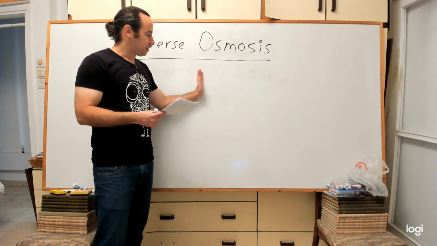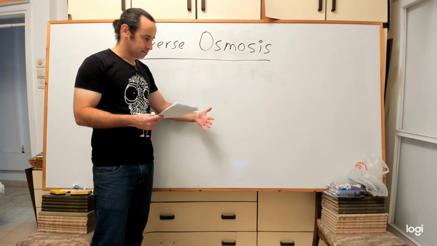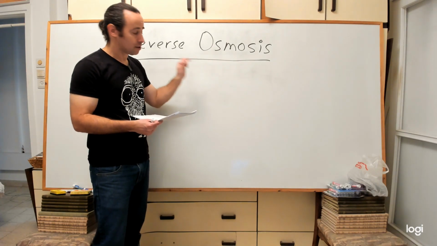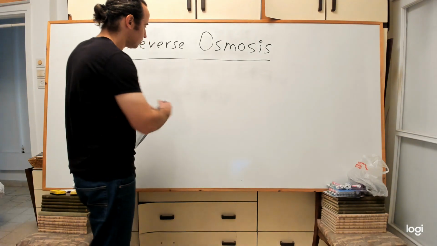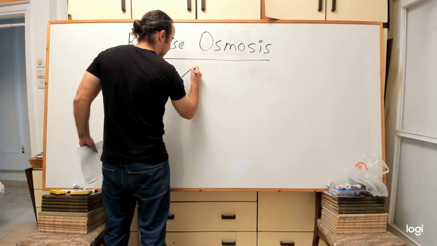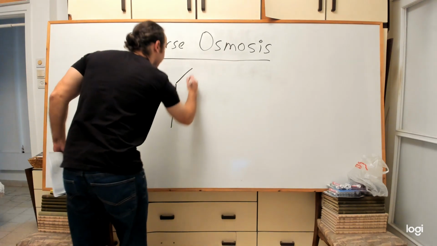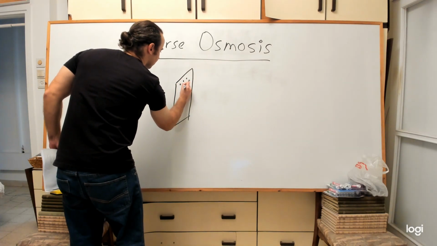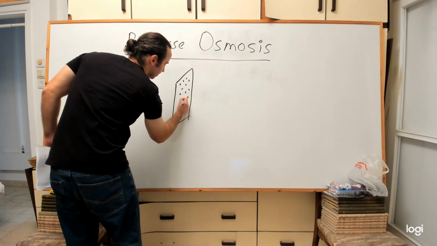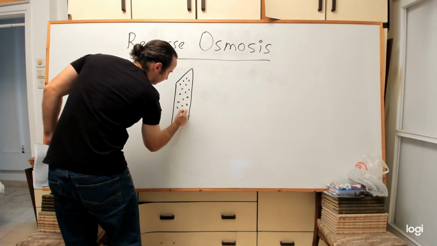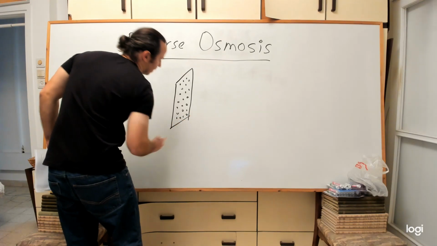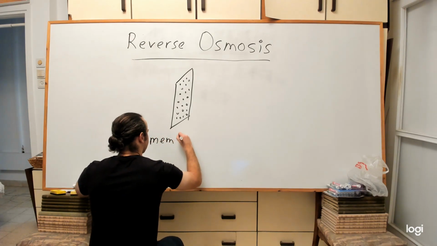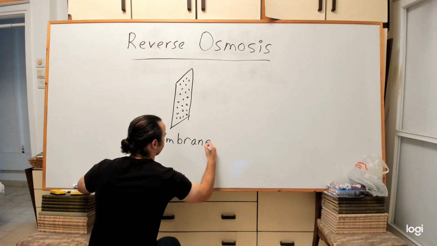A membrane is a thin surface, like a plastic bag, that has a lot of holes in it, like Swiss cheese, but it's made of plastic or some other material, and this is called a membrane. You can think of it as a filter.